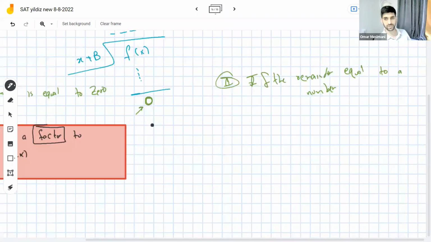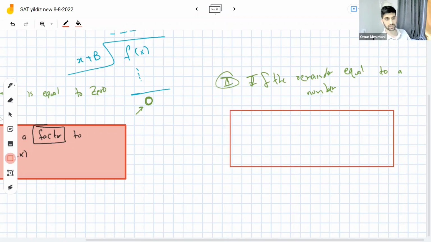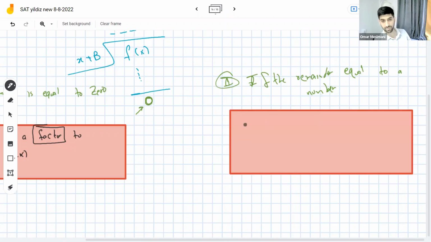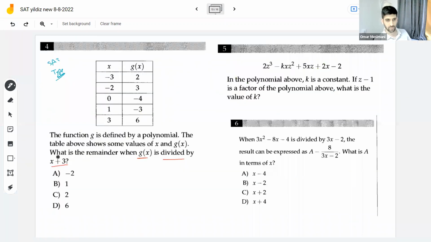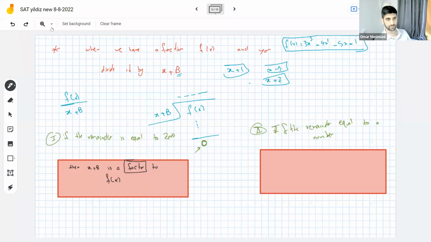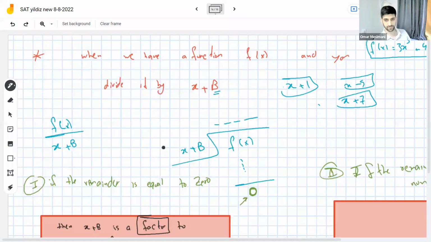And if the remainder is equal to a number, then this statement you have to say. Wait, what was the statement now? What was the question? Let me just write the exact same. The remainder when gx is divided by, okay. So then just say exactly the same.